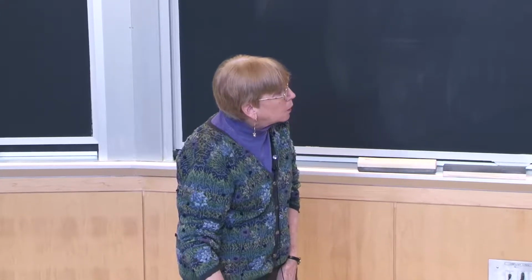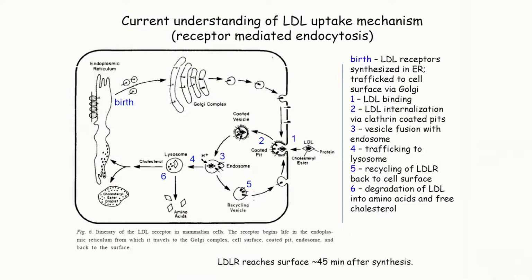Okay, so the LDL receptor, that was their model, that there is a receptor that is generated in the endoplasmic reticulum. If you looked at the handout, you'll see that it has a single transmembrane spanning region, which means it's inserted into a membrane, and the membrane where it functions, at least the start of its life, is in the plasma membrane.